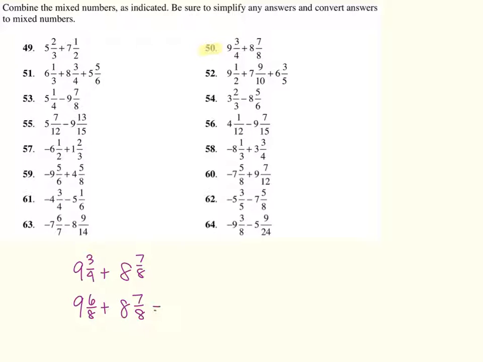Alright, let's add our whole numbers together first. 9 plus 8 gives us 17. Now let's add our numerators. 6 plus 7, well, that's 13 over 8. Like we did with the last one, 8 can go into 13 at least once, so we can get one whole out of that.